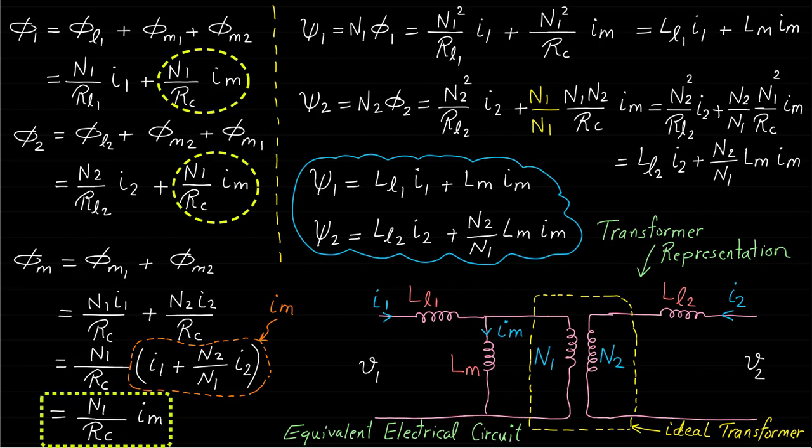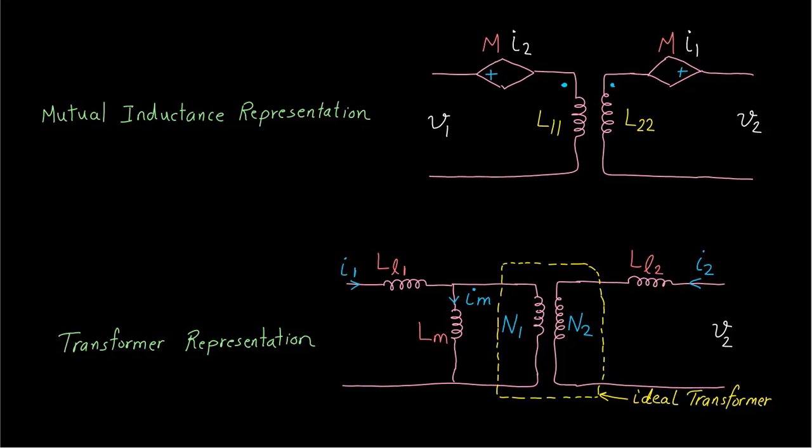It is very clear that the mutual representation and the transformer representation are different. However, these two different representations of a multiple coils magnetic circuit give the same results because they are developed from the same set of equations.